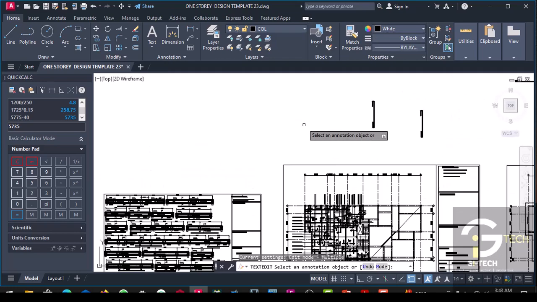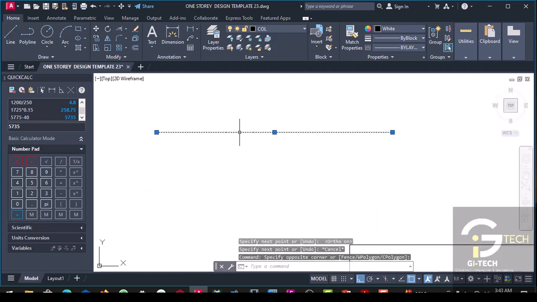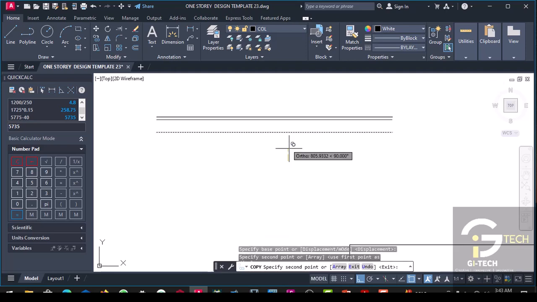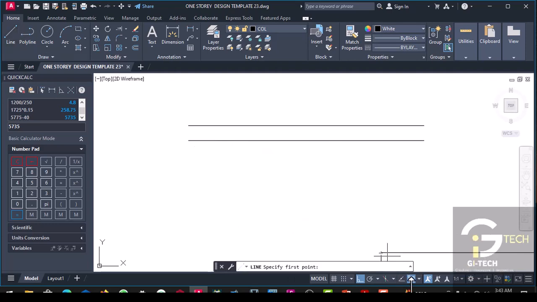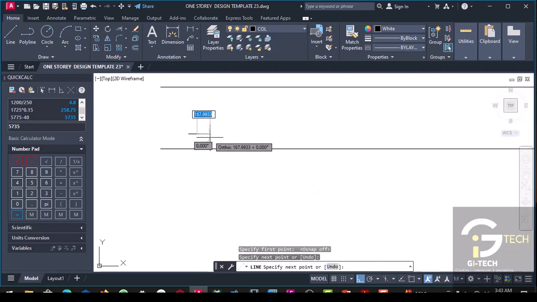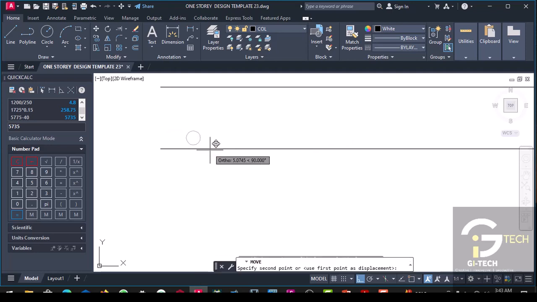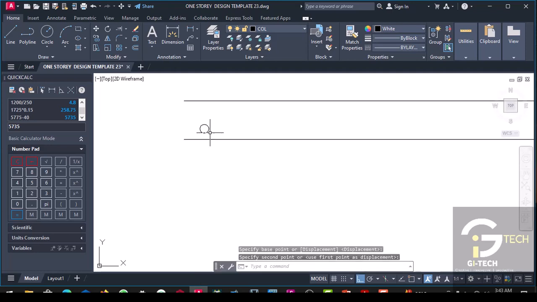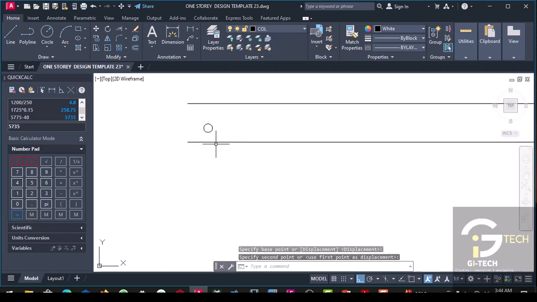So by the time you subtract 20 mm from the bottom and also 20 mm from the top, mind you, this is where the reinforcement is.